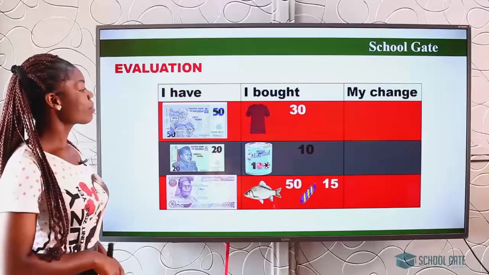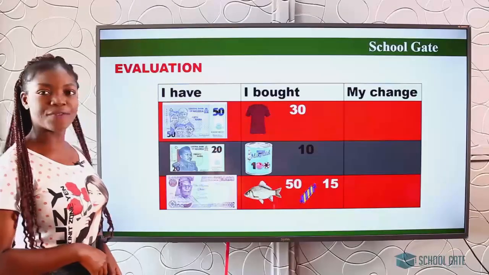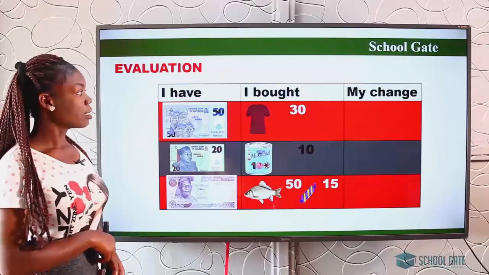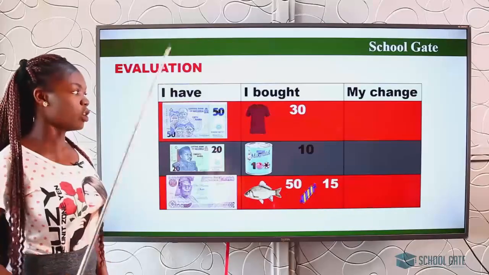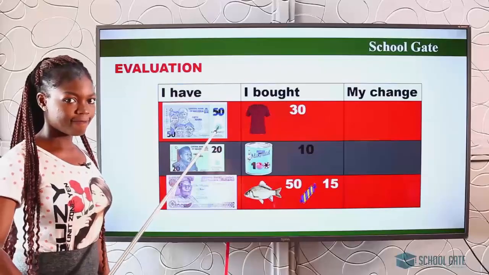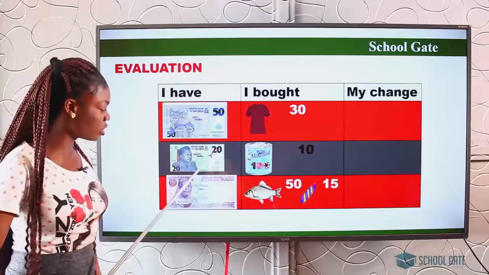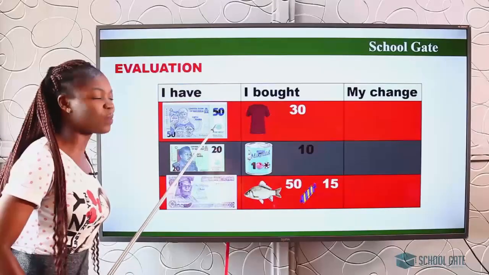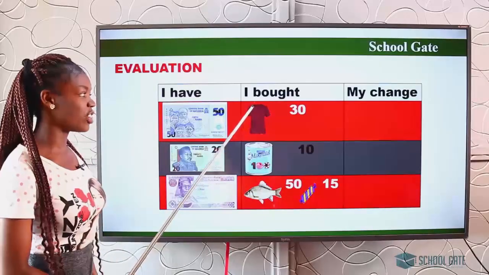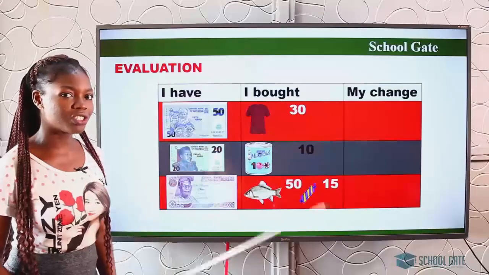Okay, now let us do these evaluations. Now, I will not tell us the notes. Which note is this, and which note is this? We ought to know it by now. So you have this particular note, and you bought a shirt for 30 naira. How much is your change?